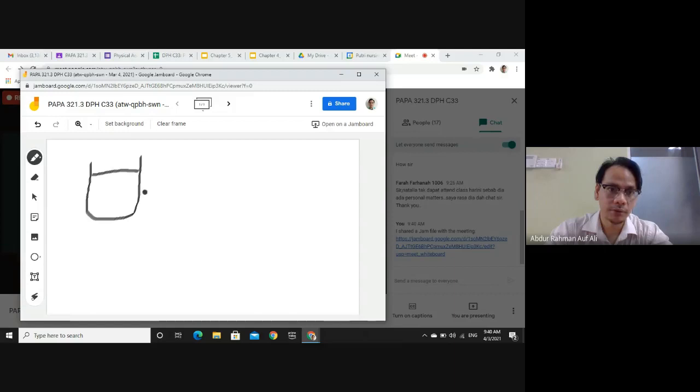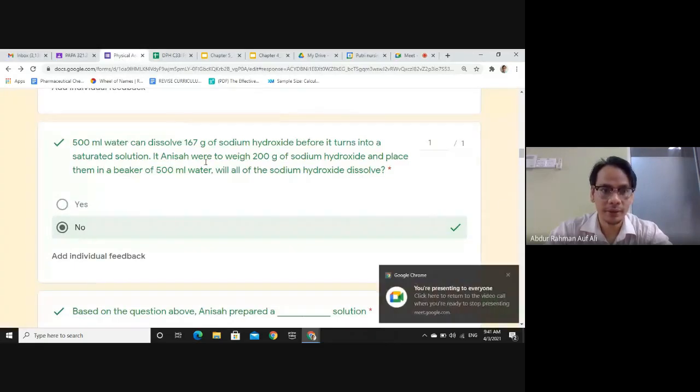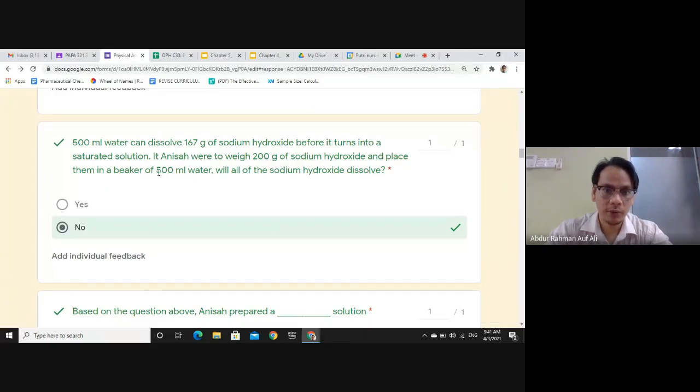This is a solution. So 167 grams is added. If we put in 167 grams of solute in this solvent, all of it will dissolve. So it disappears.